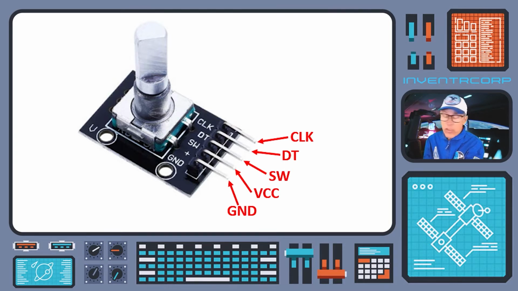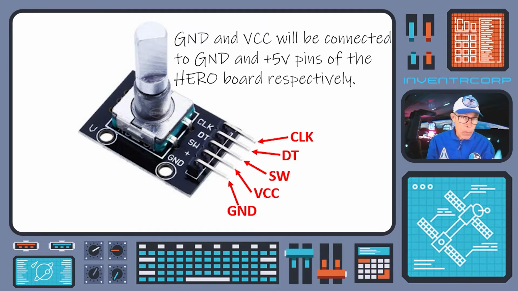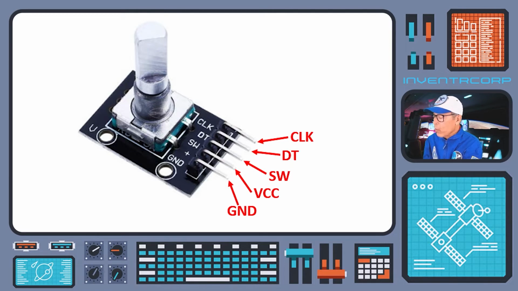And those should be familiar to us because those would be the familiar power supply and ground values that we've encountered in using some of our other devices. So we'll hook up a constant 5 volts to plus and 0 or ground to the ground pin, and that will power our device. The other 3 pins are the ones that we'll be paying a little bit more attention to, and really we'll only be paying attention to 2 of them.